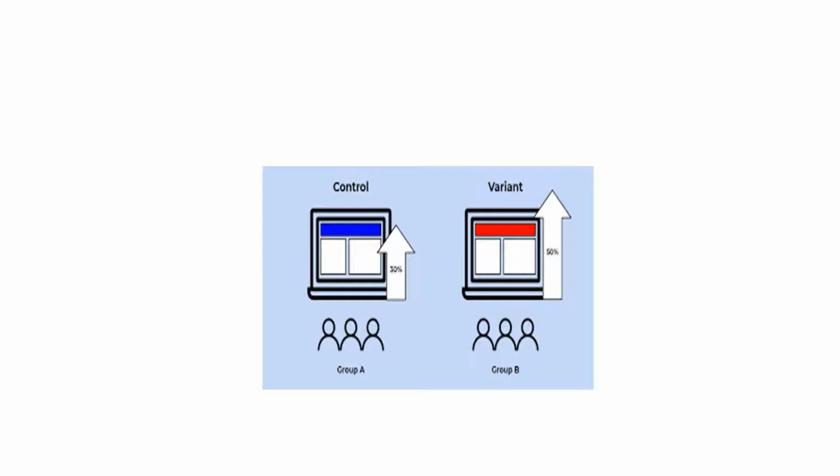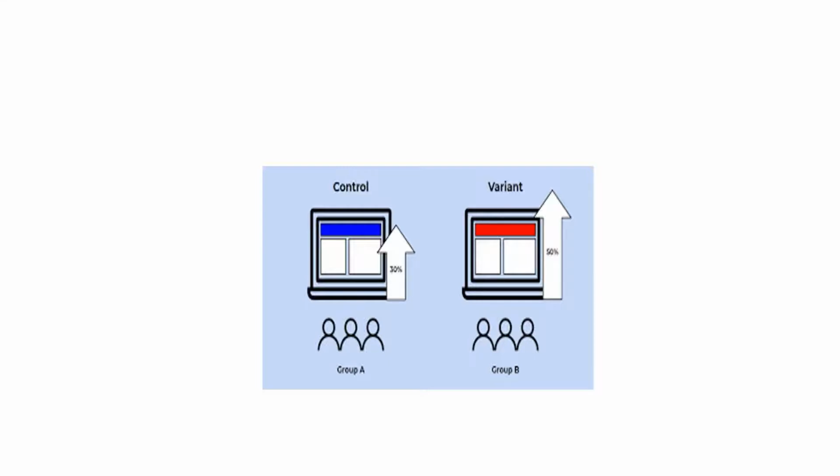A/B testing is a widely used concept in most industries nowadays, and data scientists are at the forefront of implementing it. In this video, I will explain A/B testing in depth and how a data scientist can leverage it to suggest changes in a product.